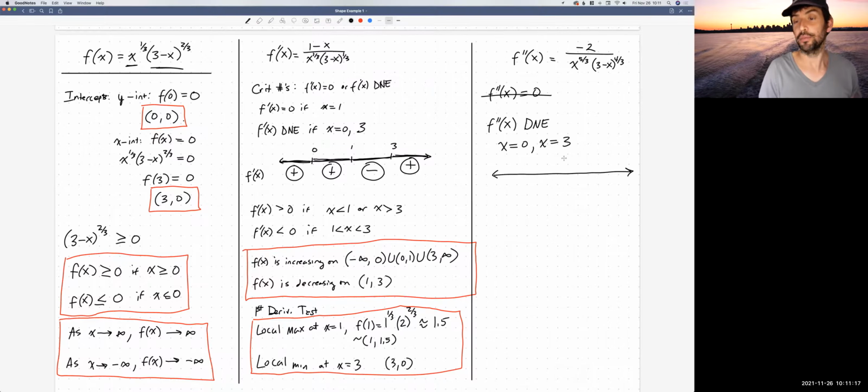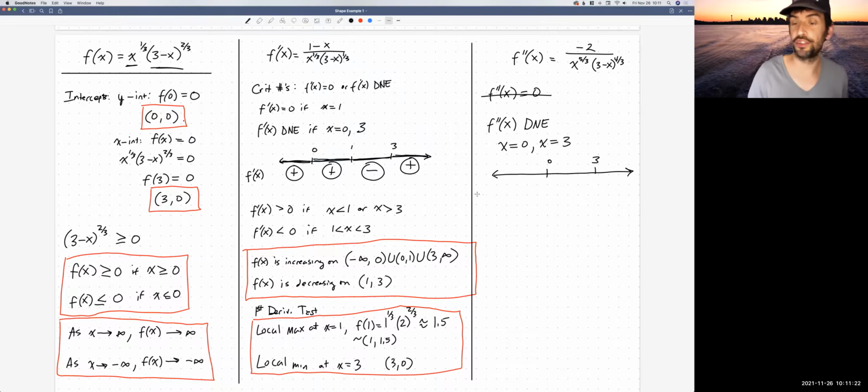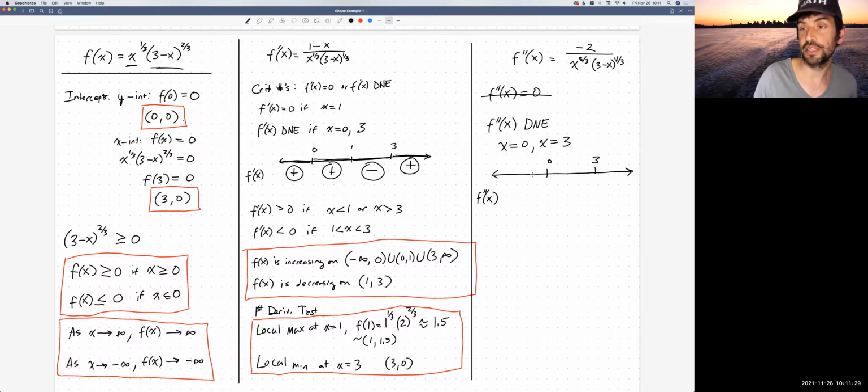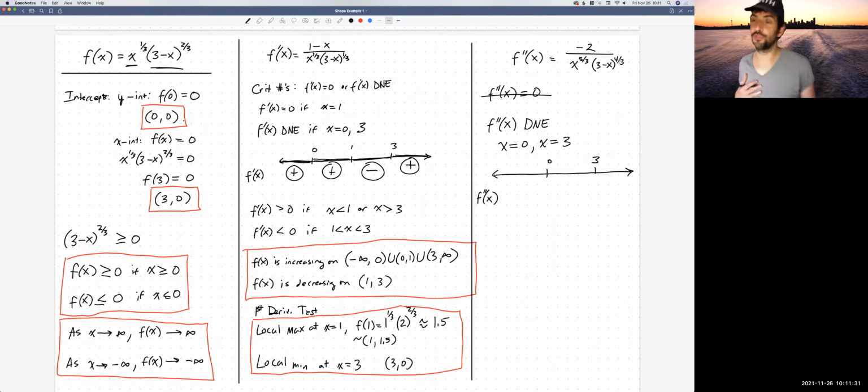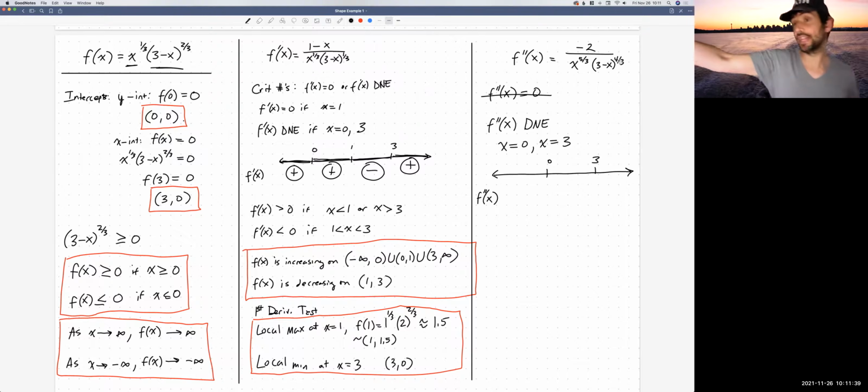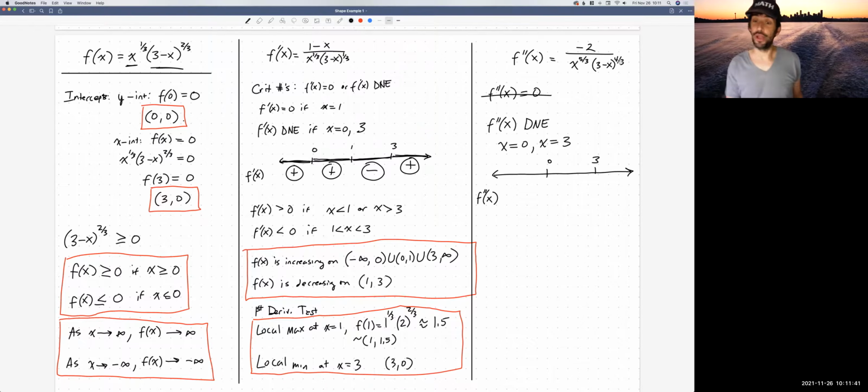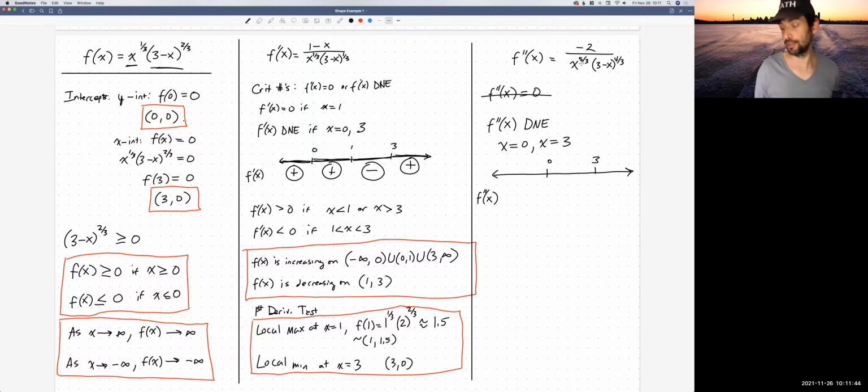I'm going to do the same game. I'm going to put 0 and 3 on a number line and just see what the sign of my second derivative is. This one's really simple because we've got this (3 minus x) to the 4/3 power. That's always going to be positive, same reason that the 2/3 powers were before. The negative in the numerator is always going to be negative. So the sign of this thing has to do with x, and it's going to be the opposite of the sign of x.